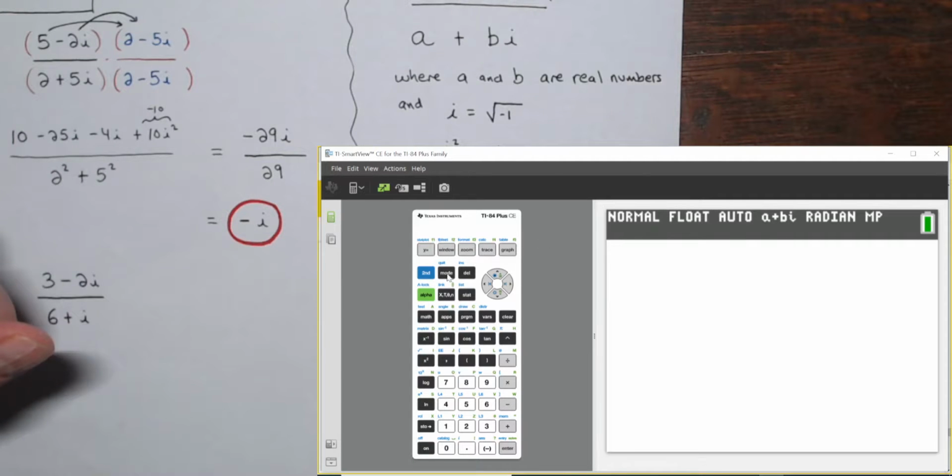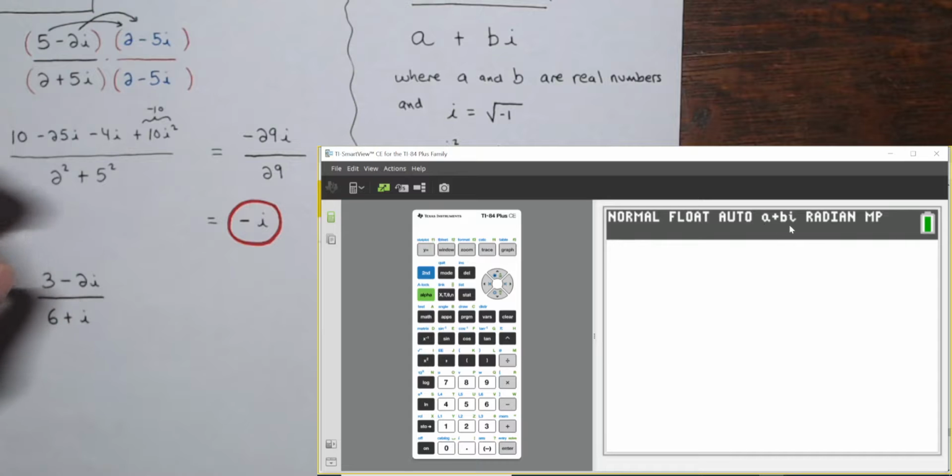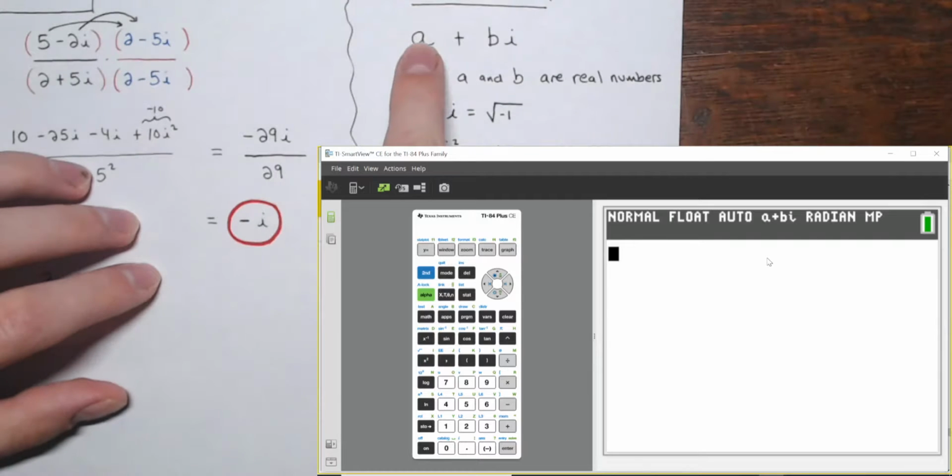So if you hit the mode button, you can change it from real mode to this complex mode, a plus bi. And now when you punch in the square roots of negative numbers or whatever, it won't come back with an error. It'll actually give you the complex number in standard form.